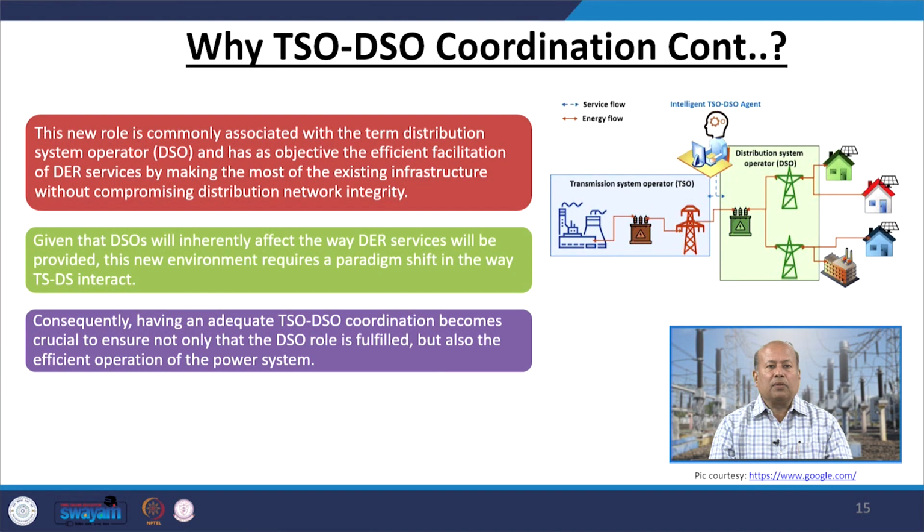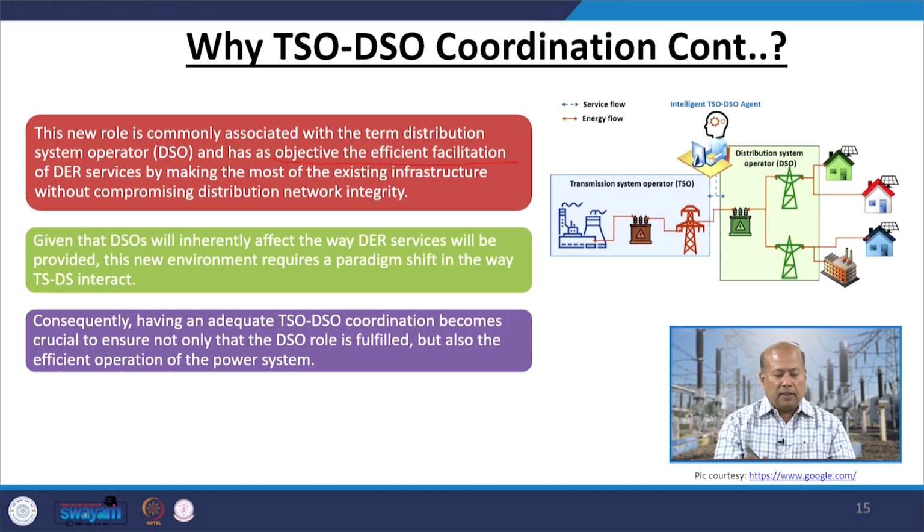The new role is commonly associated with the term distribution system operator and has as its objective the efficient facilitation of DR services by making the most of the existing infrastructure without compromising distribution network integrity.